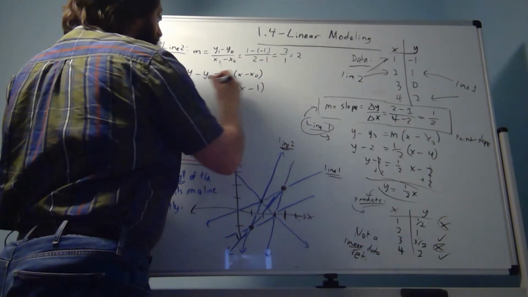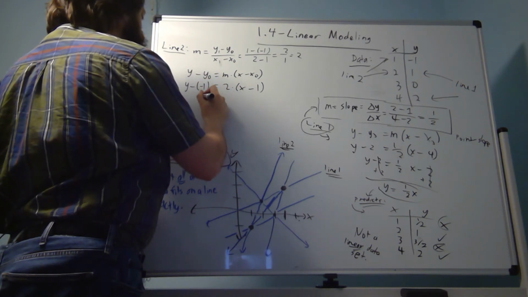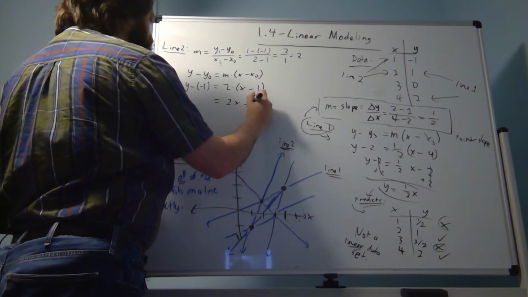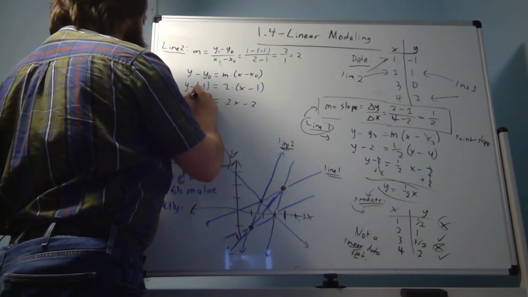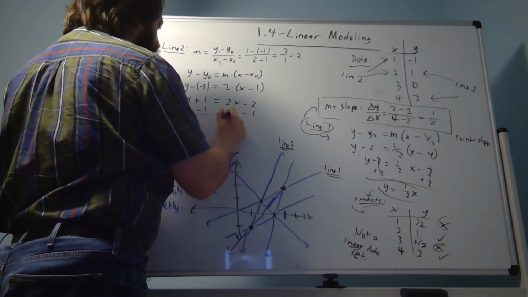And what do we get? Well, 1 and then y0 is -1. I can add the -1 to both sides, or whatever, +1.